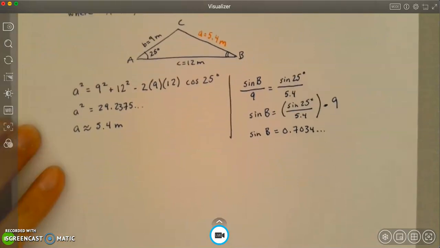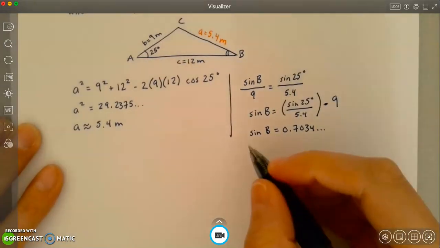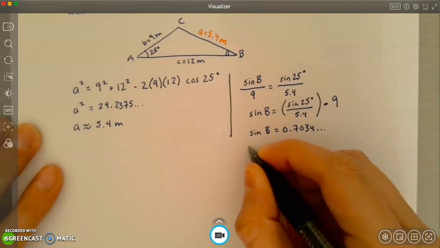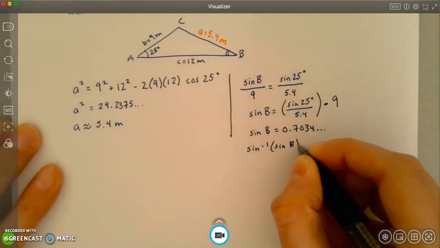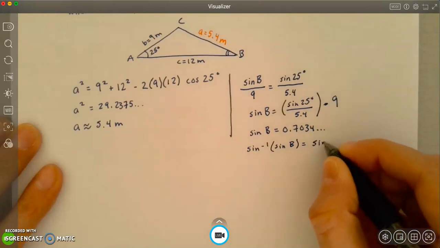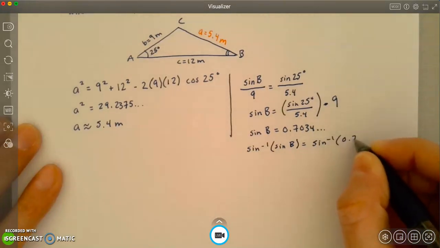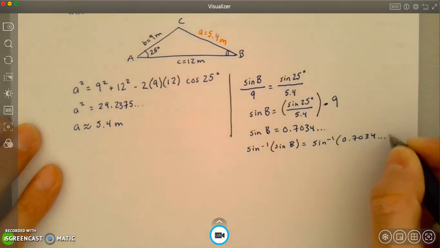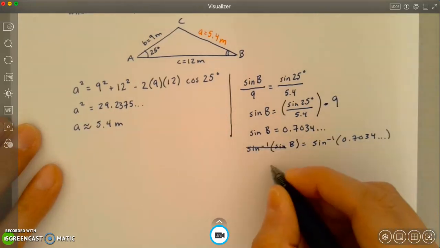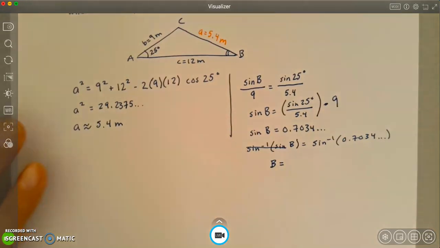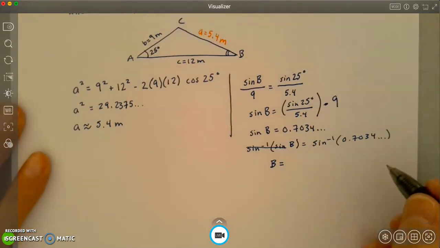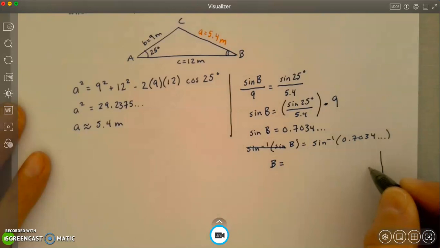Remember that when we are solving for an unknown angle, we're going to use the inverses. So I'm going to do sine inverse of the left side and sine inverse of the right side. So I'm going to end up with B is equal to, and we're going to see what that value gives us. But I want you to consider one thing real quick.